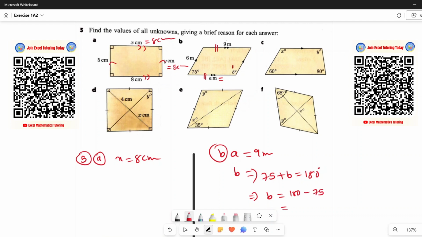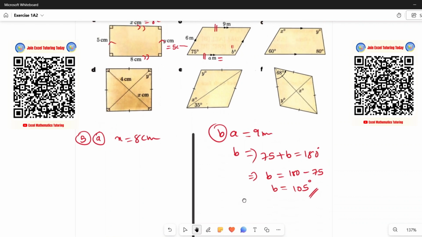So B equal to how much? 105 degree. So B equal to 105 degree. Again we use the same property. Supplementary co-interior angles are 180 degree each. If you add two of the angles, you will get 180 degree. So that property we used here.